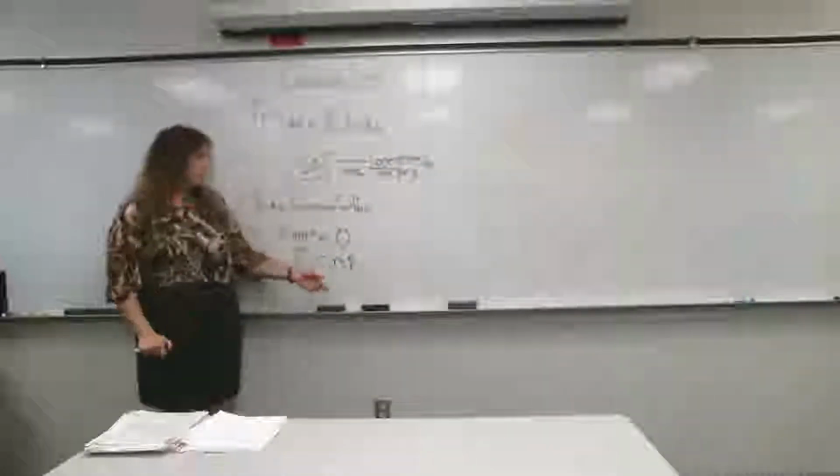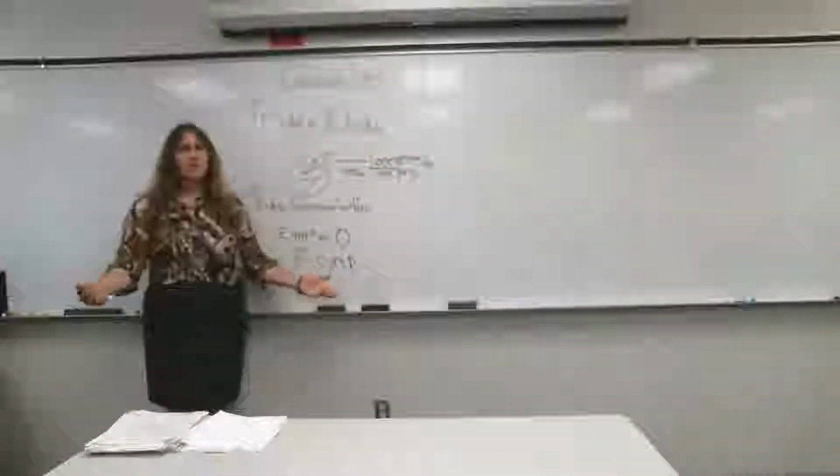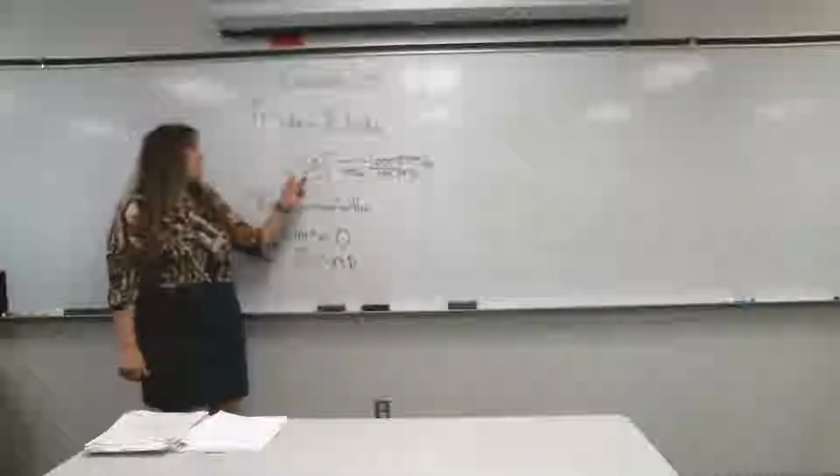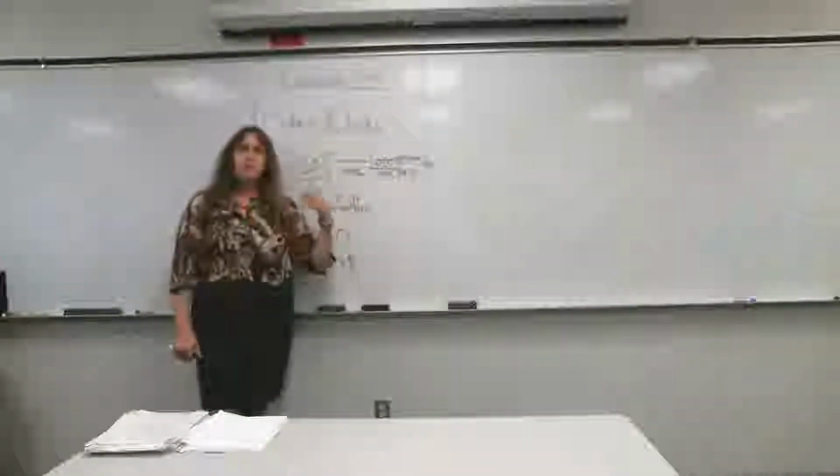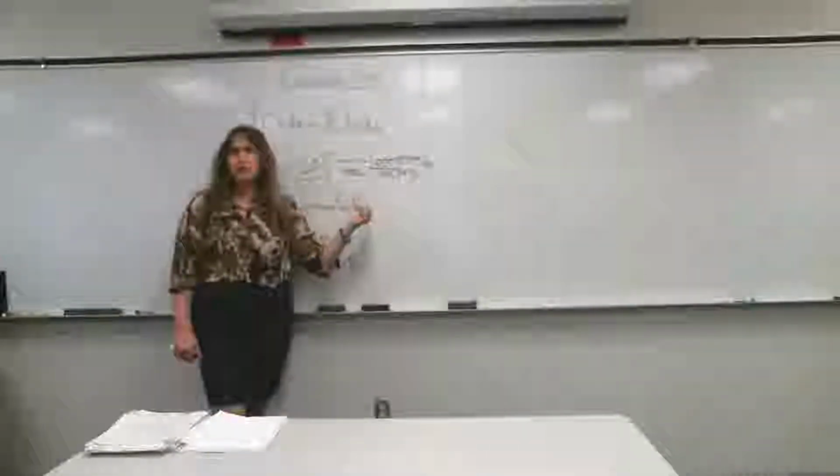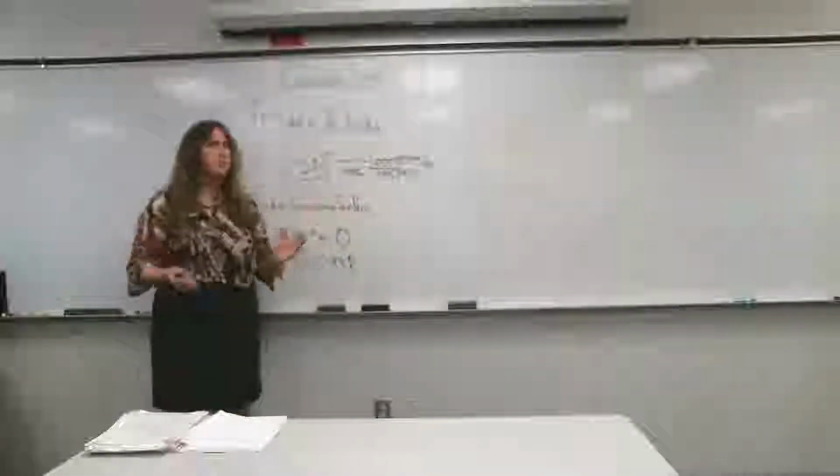Certainly a lot less work. I could write this answer down immediately. If there's no charge contained within the Gaussian surface, the electric flux vanishes. It's as simple as that.